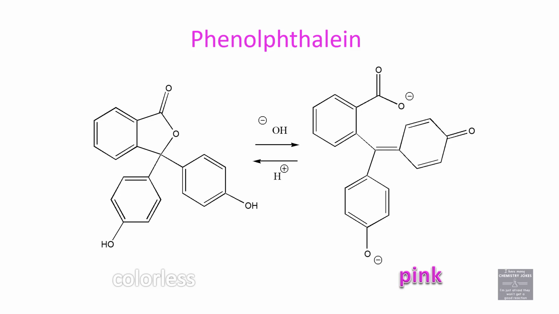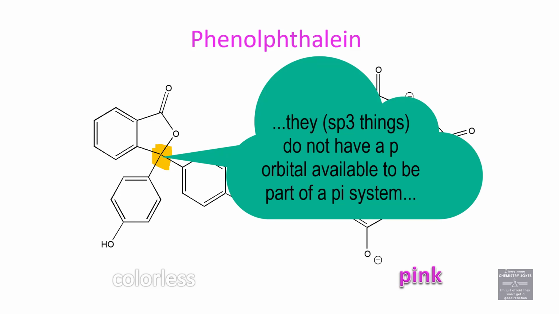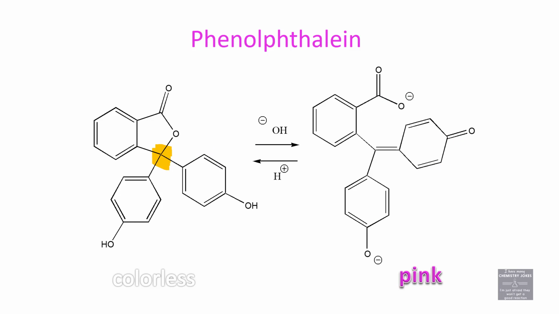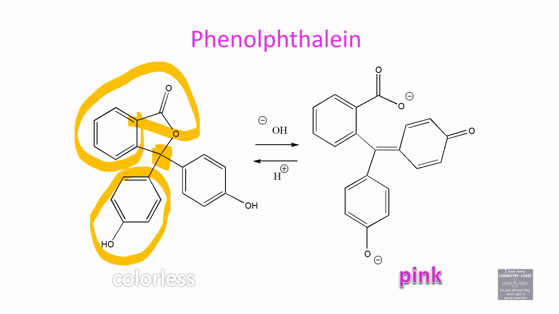So if I look at the colorless compound, this carbon is sp3. sp3 carbons cannot be part of a pi system because they are involved in no pi bonds. So what that means is, although this ring is conjugated, this ring is conjugated, and this ring is conjugated, there's no communication between each other because of that sp3 carbon in the middle.